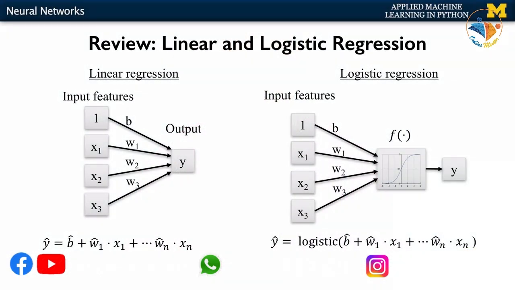Let's start by briefly reviewing simpler methods we've already seen for regression and classification: linear regression and logistic regression, which we show graphically here. Linear regression predicts a continuous output, y hat, shown as the box on the right, as a function of the sum of the input variables xi, shown in the boxes on the left, each weighted by a corresponding coefficient wi hat, plus an intercept or bias term b hat.